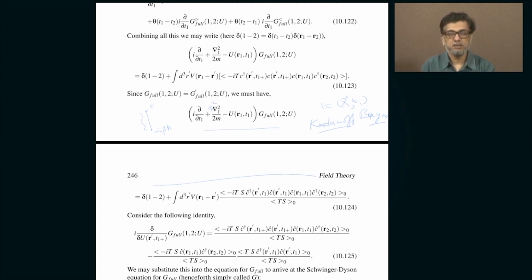So that means the Green's functions look the same if you shift the origin of your time to somewhere else, and they are also spatially homogeneous. That means that if you shift the origin of your coordinate system spatially, the Green's function also looks the same. So there is spatial and time homogeneity as well. So that means the system is in equilibrium.